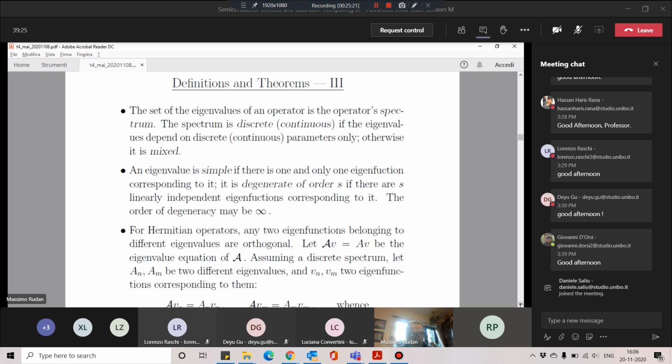It may happen that the order of degeneracy is larger than 2. It may happen that there are S linearly independent eigenfunctions corresponding to the same eigenvalue, and in some cases, not so complicated, you may also have a degeneracy of order infinity.